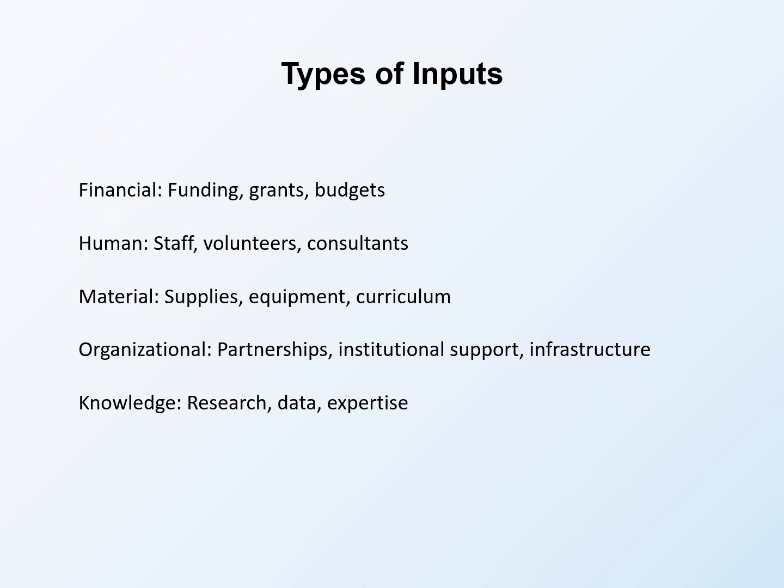Organizational inputs include partnerships, institutional support, and infrastructure. Who's committed to working with you? What organizational systems support the work? Knowledge inputs include research, data, and expertise. What information do you need? What specialized knowledge? Be thorough in cataloging inputs. Missing a critical input at the planning stage creates problems during implementation.